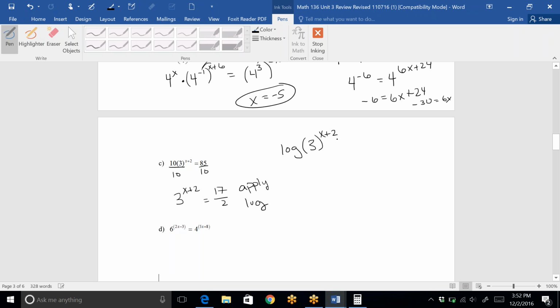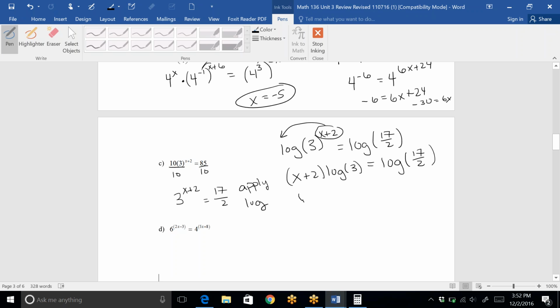So we have log of 3 to the x plus 2 power equals log of 17 over 2. Now we can pull this power to the front. So this would be x plus 2 times log 3, and that is going to get distributed, equals log of 17 over 2.